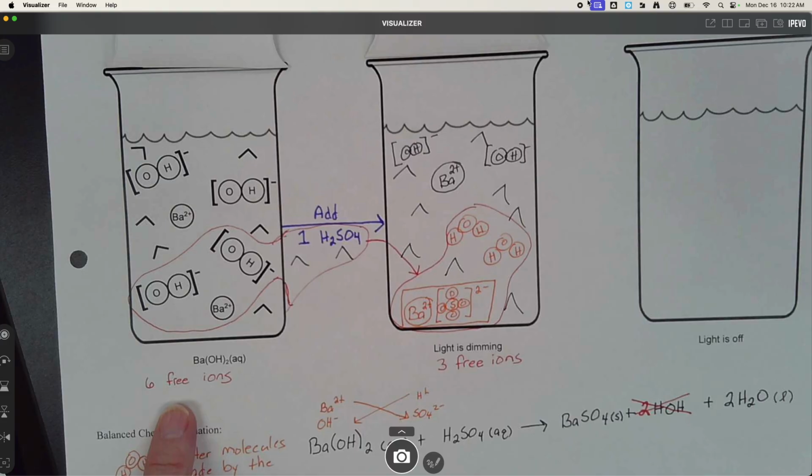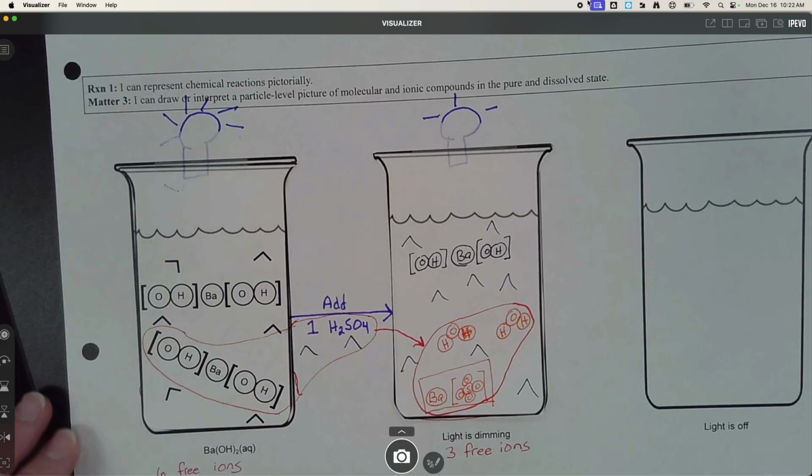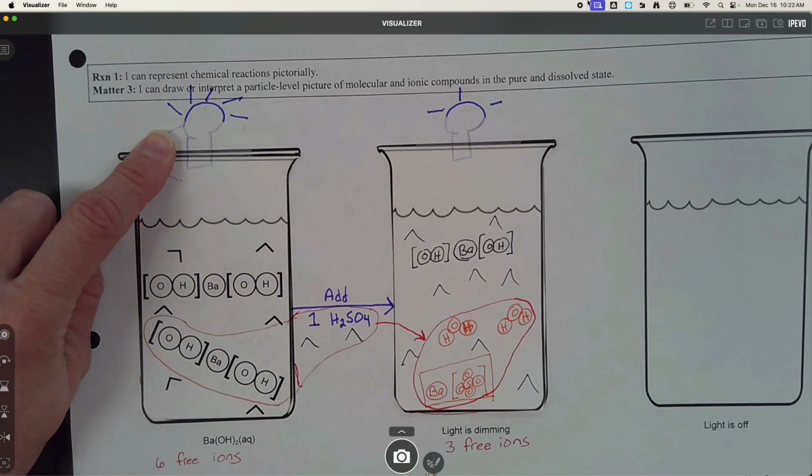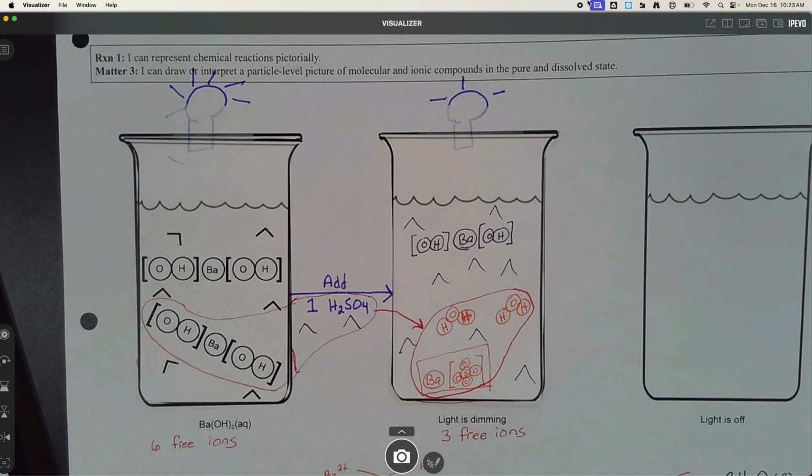And so we went from 6 ions that were capable of conducting electricity to only 3 ions that are capable of conducting electricity. So it stands to reason that we would have gone from a light that was bright to a light that was substantially more dim because we don't have as many ions available to conduct the electricity.